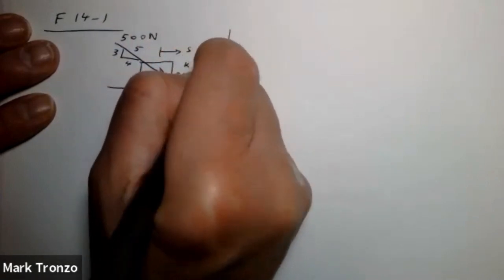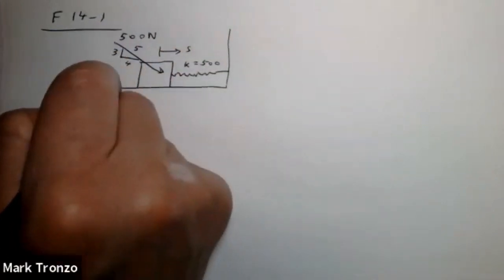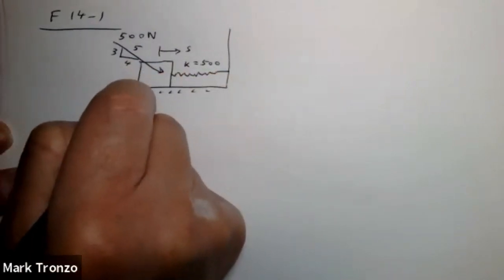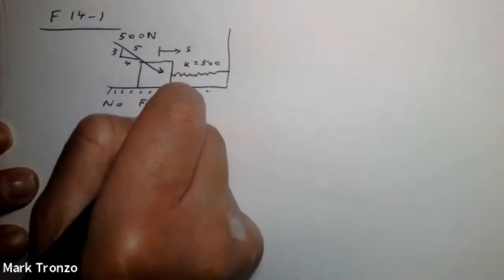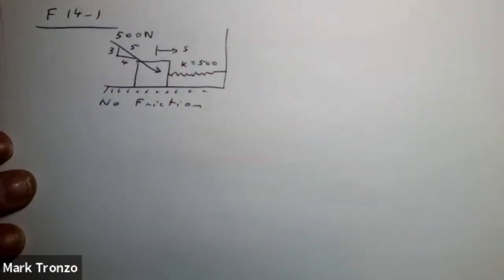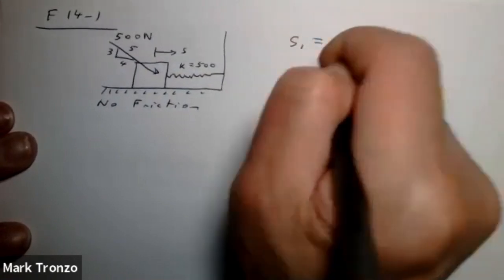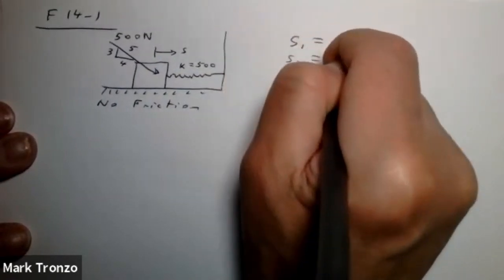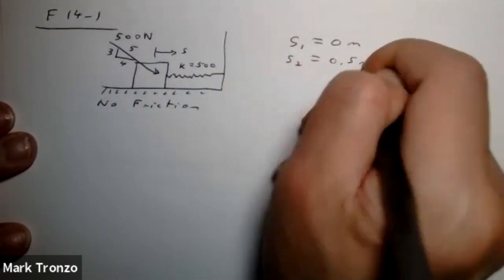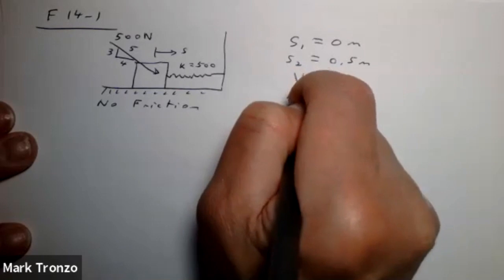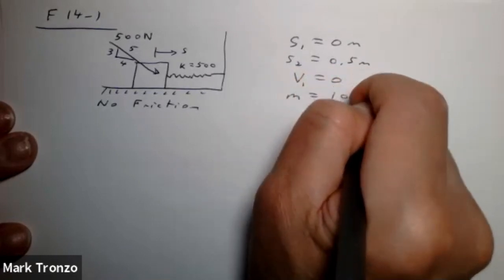K is 500. And again, no friction. We're starting, let's say S1 is 0, S2 is 0.5, and you're starting with 0 velocity. And our mass is 10 kilograms.